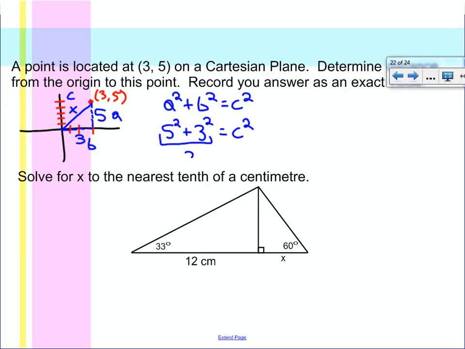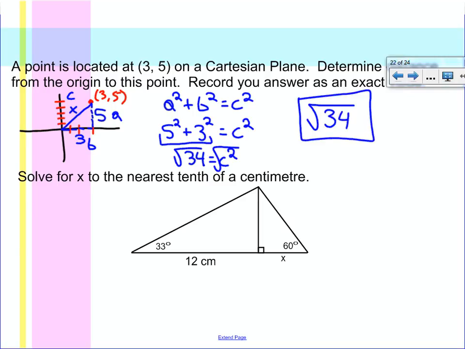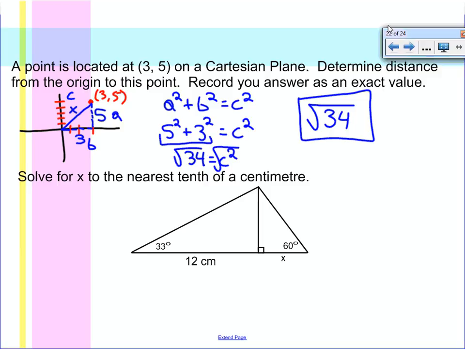And your very last step to Pythagorean theorem is always to square root both sides. So the square root of 34 is your answer. That's an exact value. Do not put it as a decimal. So see how it said exact value in the question? That means no decimal answers.